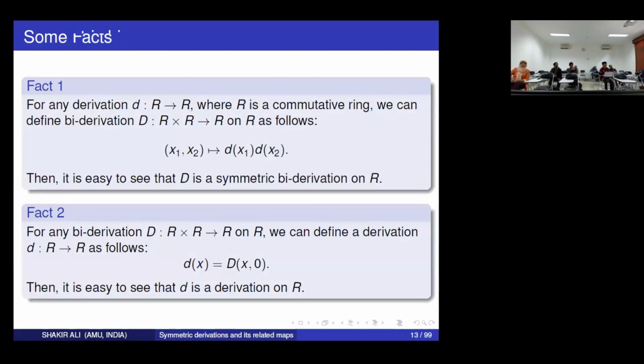So these are some interesting examples, and let us check what connection there is between derivation and biderivation. I ask this question to you, if somebody really wants to understand. This is for students: make the connection between derivation and biderivation. What is the relation between derivation and biderivation? More specifically, are derivations biderivations? This is the question.